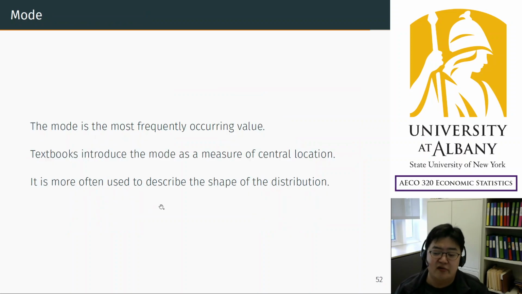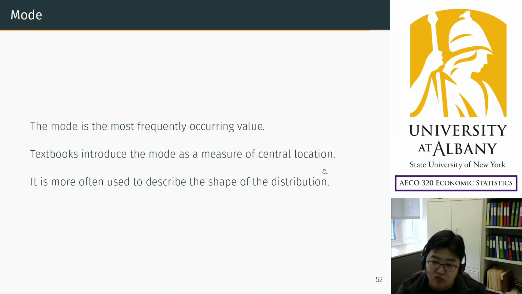Another topic given in many textbooks, but which I don't cover, is the mode. Mode is defined to be the most frequently occurring value. Almost all textbooks explain mode as a measure of central location.